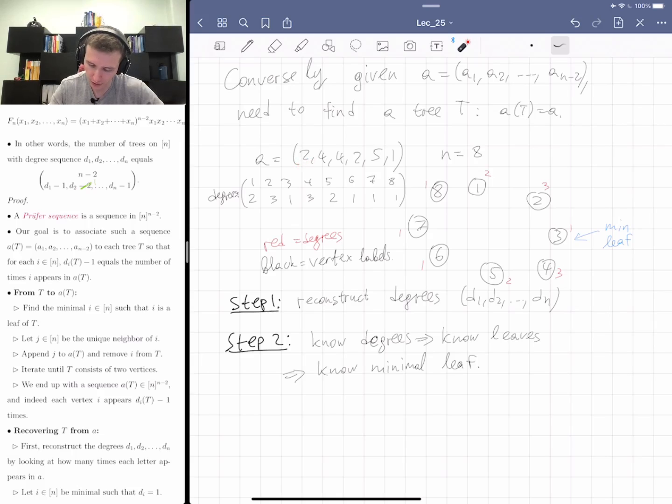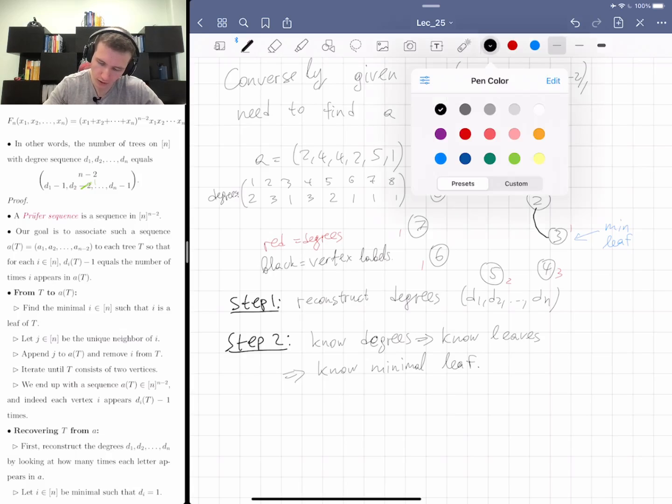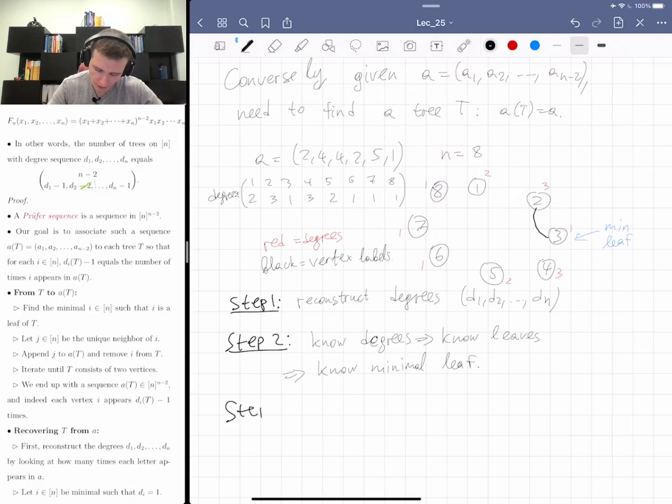So I know that in this case 3 is connected to 2. Step 3 is, let me denote this leaf I, you connect I to A1, the neighbor of I, and then you remove it.